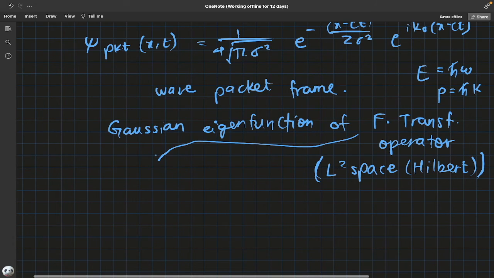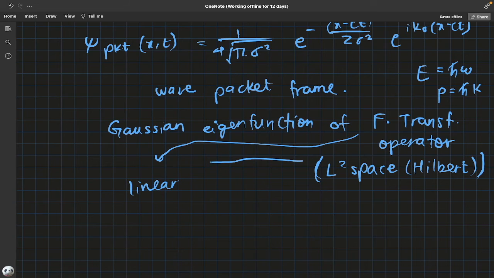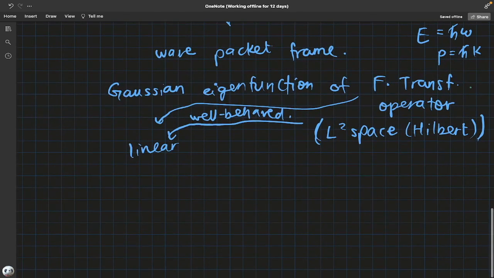This is linear as long as the functions are of this form, and they are, because square integrable Hilbert space, that's what we use in quantum. We need a Hilbert space. These functions are pretty well behaved under integration, so that makes the Fourier transform and the inverse Fourier transform, the pair operations, linear operators.